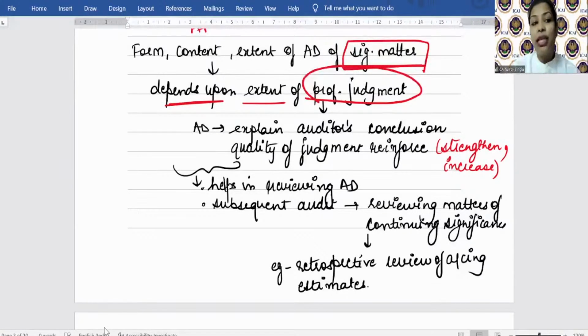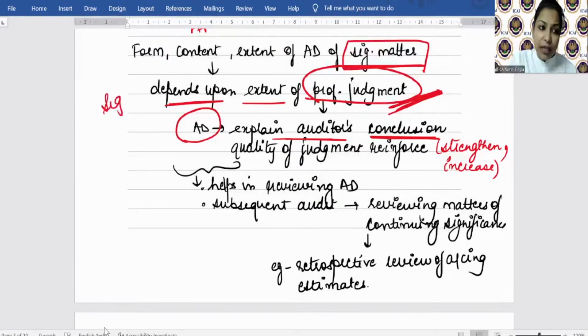It depends upon the extent of कितना प्रोफेशनल जजमेंट ऑडिटर का लगा. देखो, अगर ज्यादा प्रोफेशनल जजमेंट लगा है, ज्यादा वर्किंग आप कर रहे हो, तो obviously it is going to be more audit documentation with respect to the significant matter. ठीक है. और ये डॉक्यूमेंटेशन, if the auditor is maintaining documentation of the professional matter, this is going to explain the auditor's conclusion कि ये significant matter था, हमने इसको ऐसे एड्रेस किया.